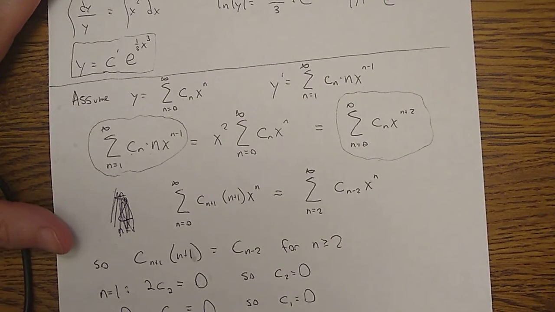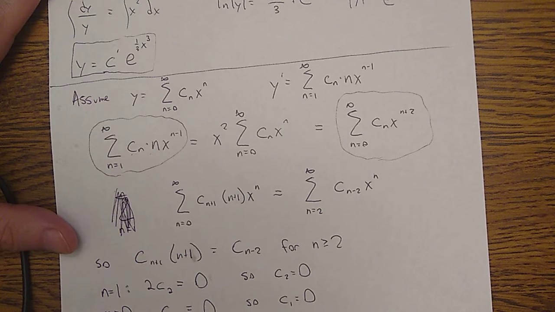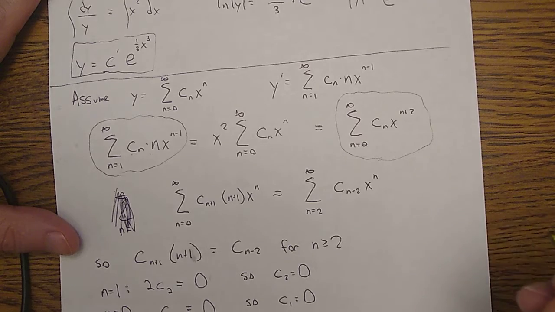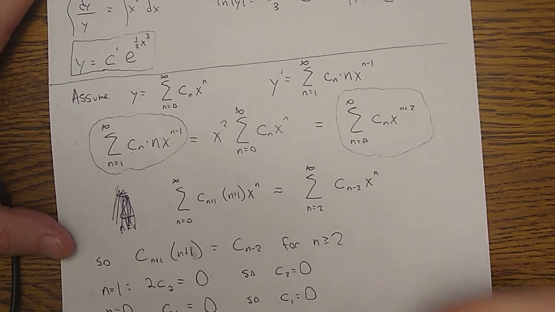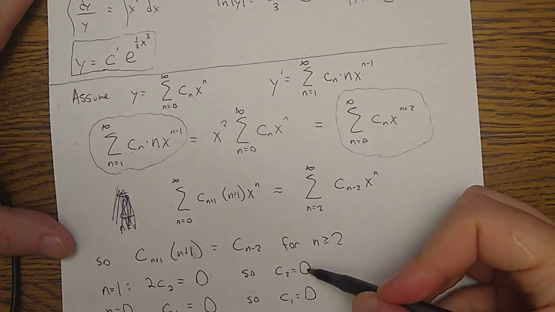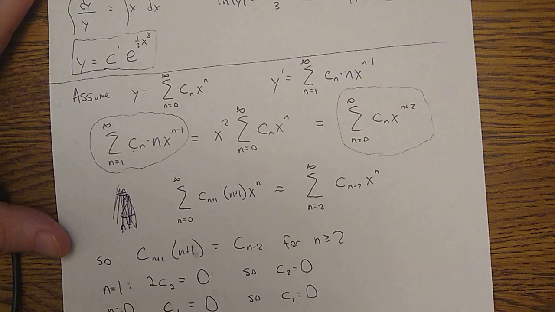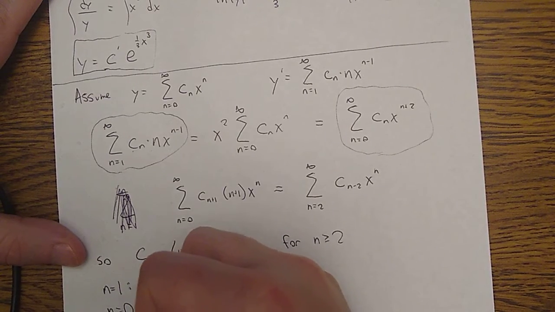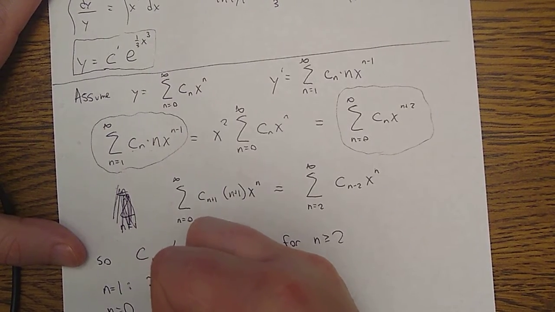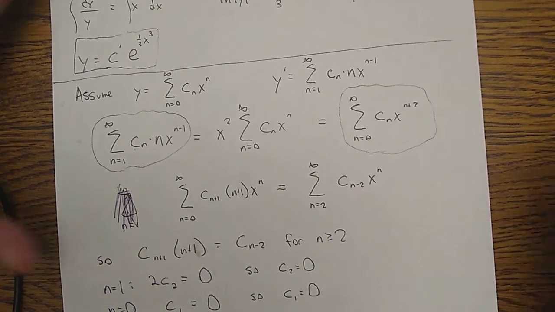Yeah, because now C1 is 0, C2 is 0. We don't know what C3 is. Or actually, it's true that I don't know what C3 is.